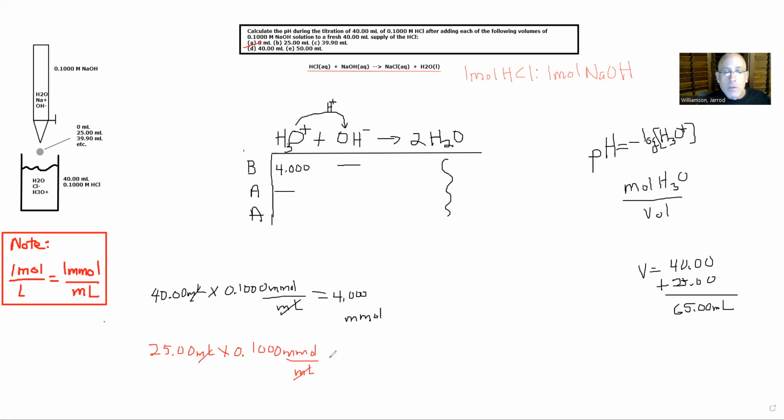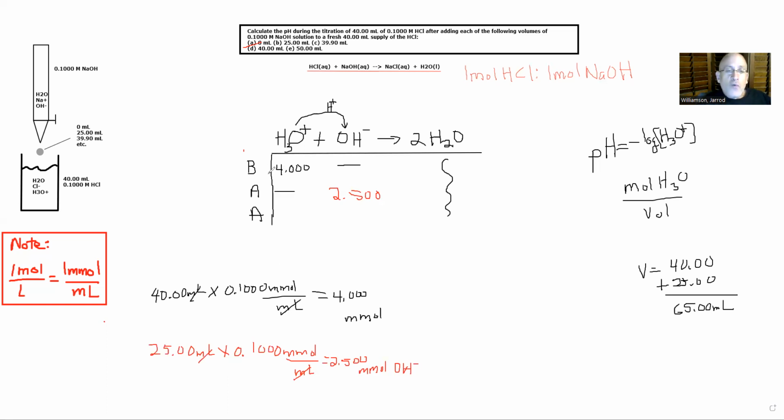Milliliters cancel, and that gives me 2.5 millimoles of hydroxide ion. So I dripped in 2.5 millimoles of hydroxide ion.